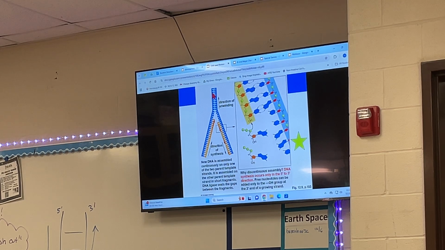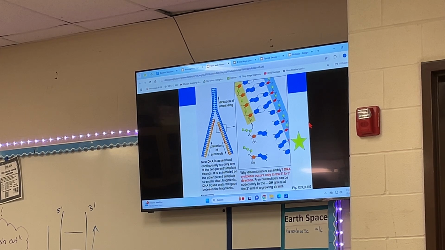By replicating it in these chunks, it makes it much more complicated. It can't be replicated really, really smoothly. These chunks are going to cause issues. And most of the time our body is able to compensate for that because our body's been doing it for a very long time. But sometimes by replicating it in chunks, it can cause mutations and other things to occur.